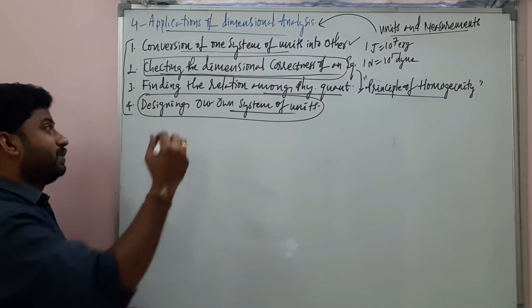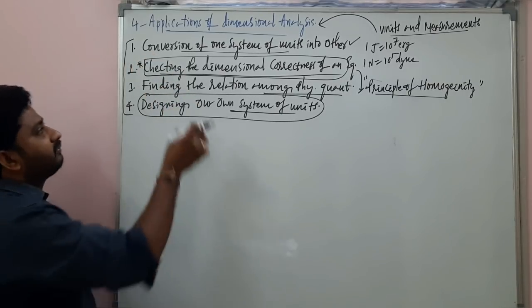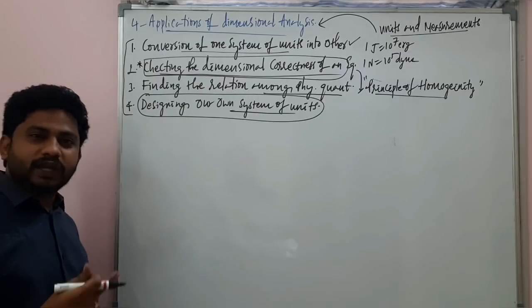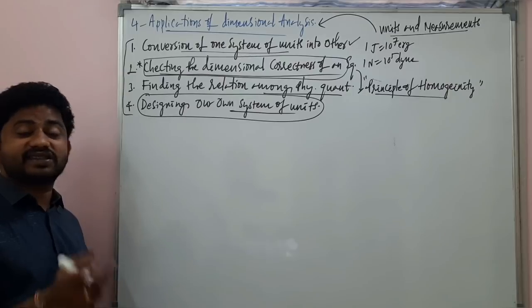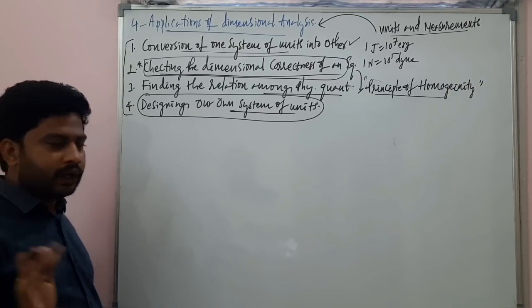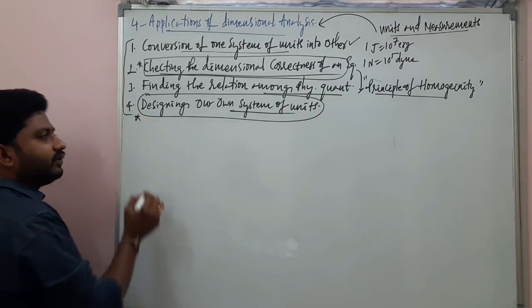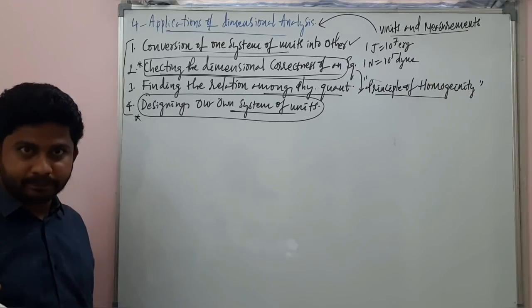First priority should be given to the second application while preparing for the entrance exam. So for two more classes also we will be discussing the principle of homogeneity only. Next preference will be given to this when you are revising for the exam.